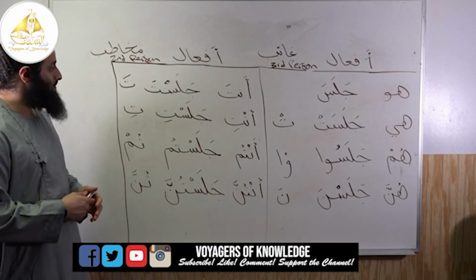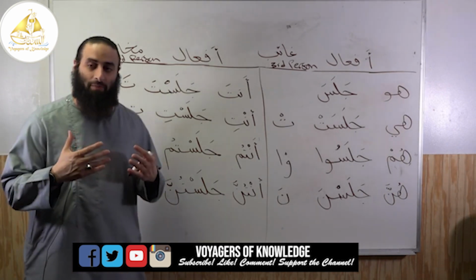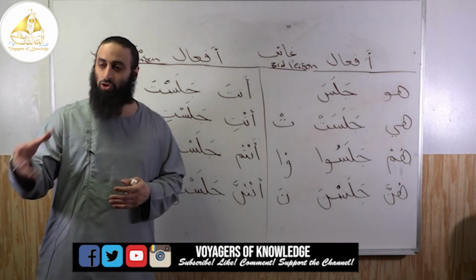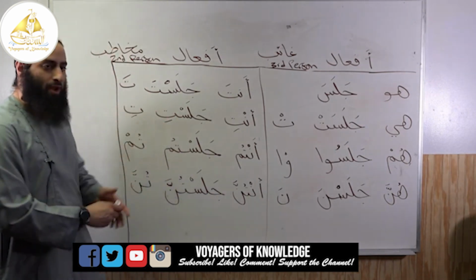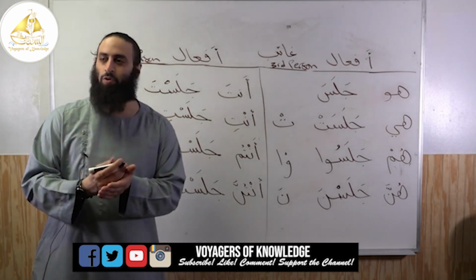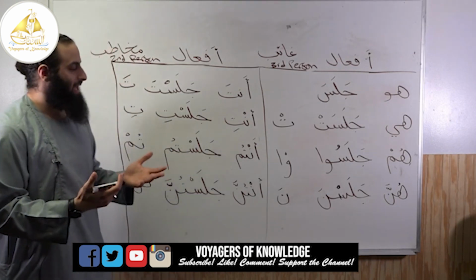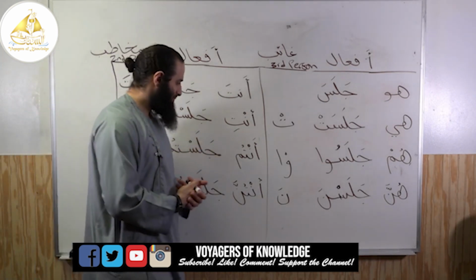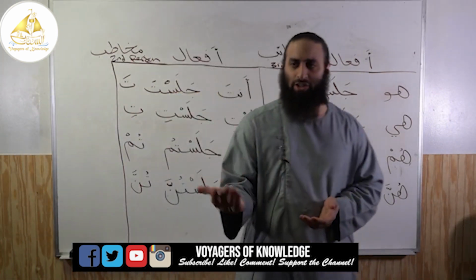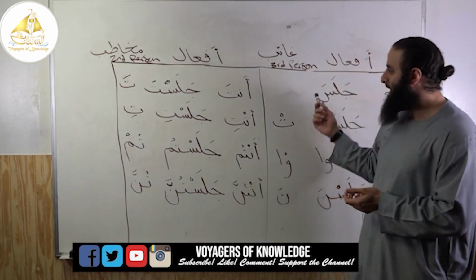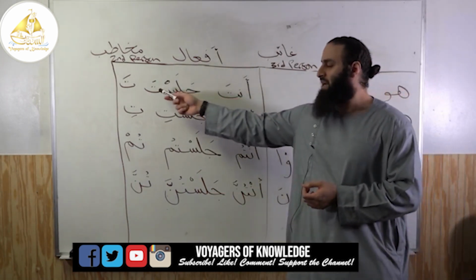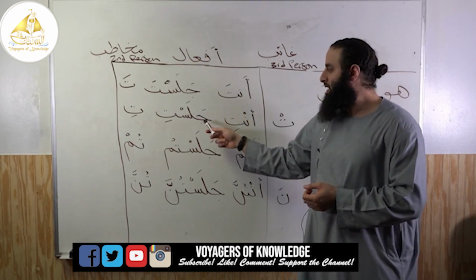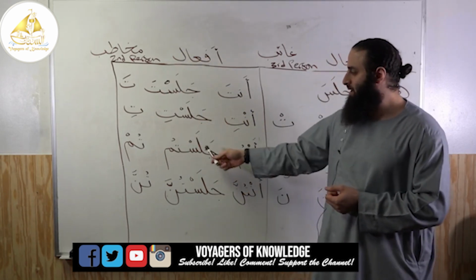I would tell you to get some verbs from the book that you know, and do this to them. Write in your notebook. Get a separate notebook. Take a word that you know, like kharaja. We've taken kharaja numerous times. And write kharajta, kharajti, kharajtum.